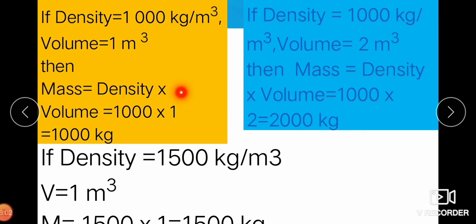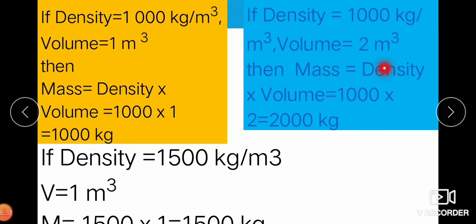Then how much will be the mass of water? Mass is equal to density into volume. Substitute the values of density 1000 and of volume 1, then multiplication will be 1000 kg.